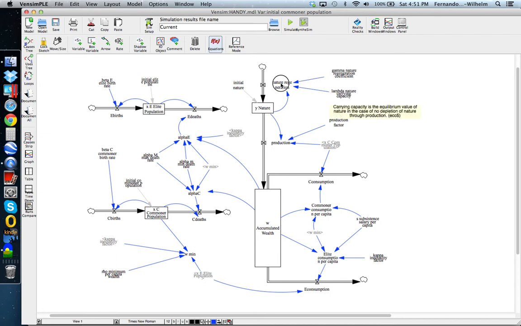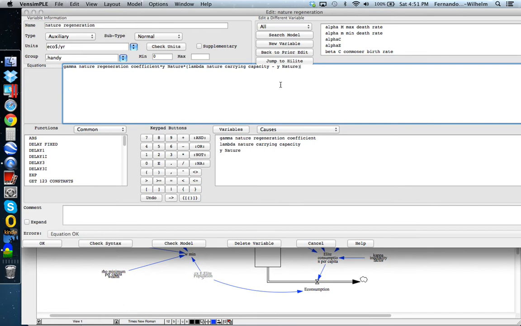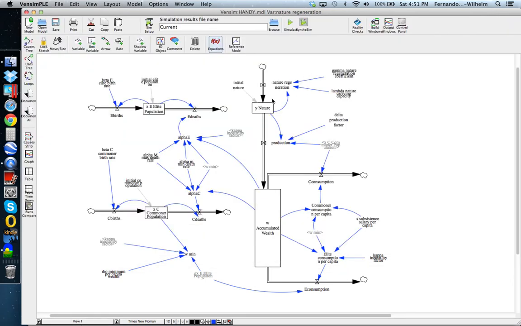If you actually look at the equation box for nature regeneration right here, let's take a look at that. You'll see that equation for essentially what's the third equation in the VENSIM model that we saw. So you can see here that the regeneration is gamma times y times lambda minus y, and that's essentially the regeneration equation that we saw.